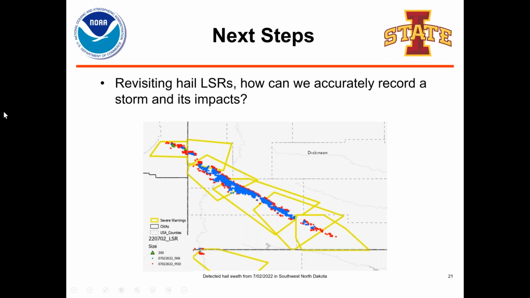Sure. So, in my experience from looking at a lot of these, how I would interpret this is, if you're deciding whether or not there is a hail swath, I would use the FAR criteria because it's a little more strict, and if there is in fact a hail swath, it's going to pass those more strict criteria.